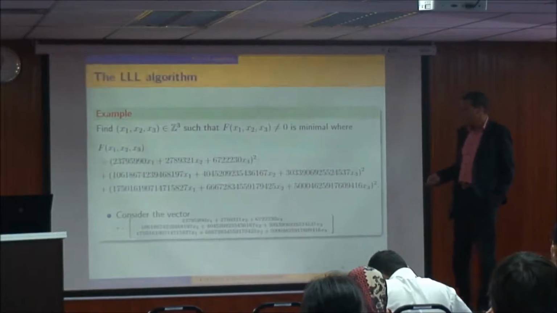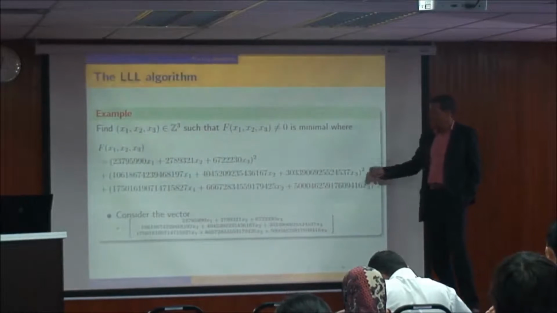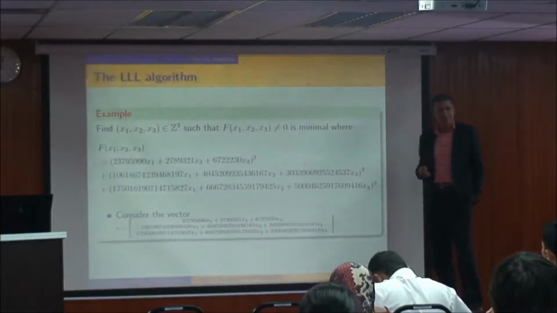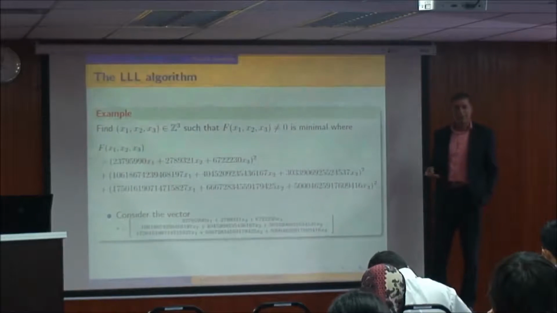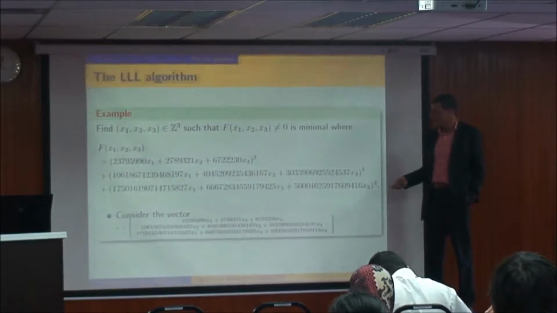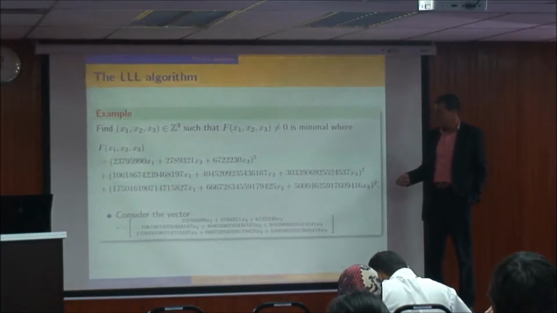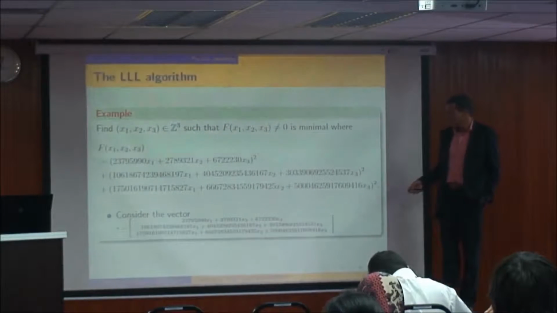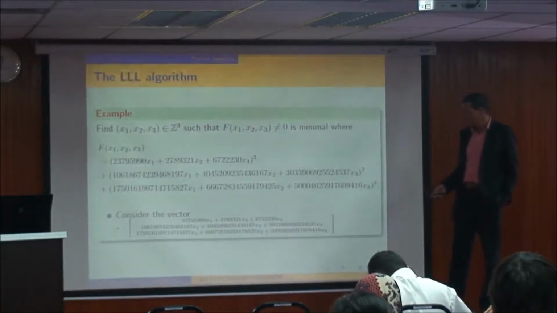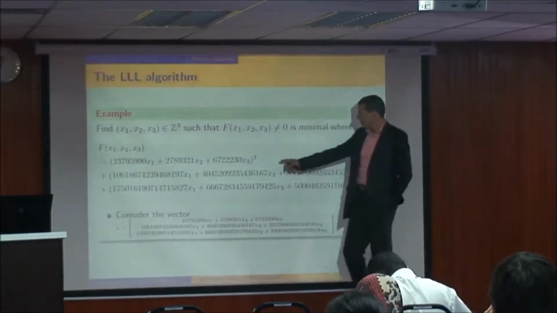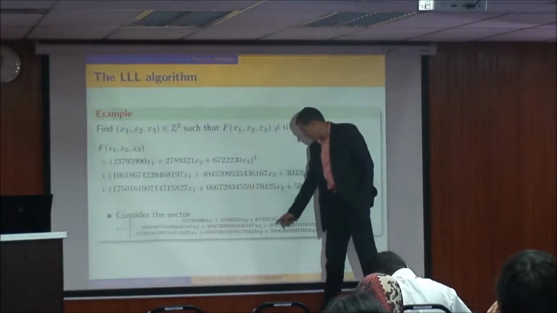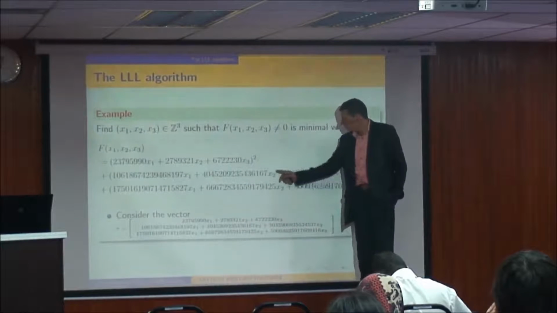The difficult way is to transform this problem into basis and vectors, so that we can apply the LLL algorithm. So we can see, in fact, that this function can be transformed like this. This is the first term, and the next one is the second term.